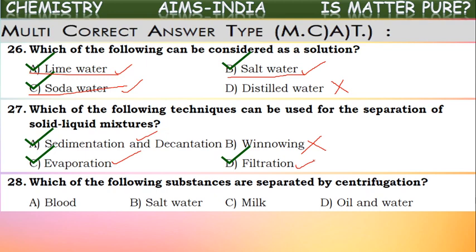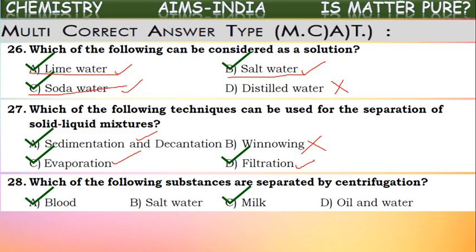In centrifugation, they take the sample of blood or milk and rotate it with high speed. Then the fat particles or blood components will be separated. The solid particles will be settled down because of centrifugation. Now, blood and milk are separated by centrifugation.